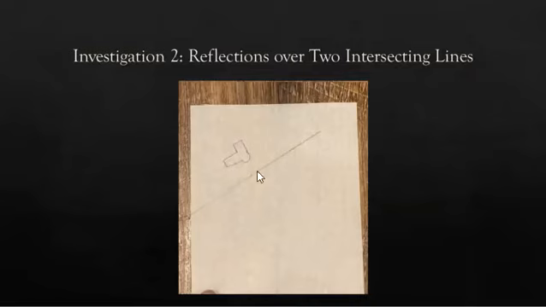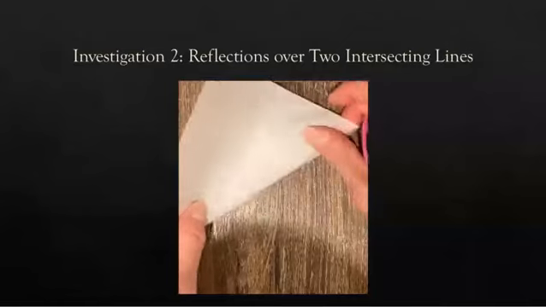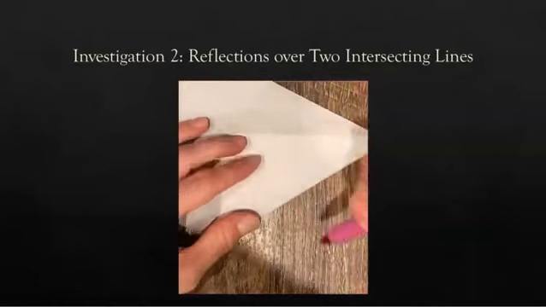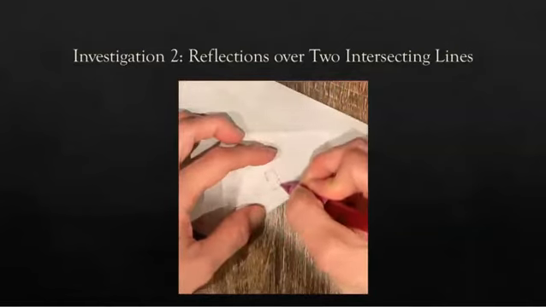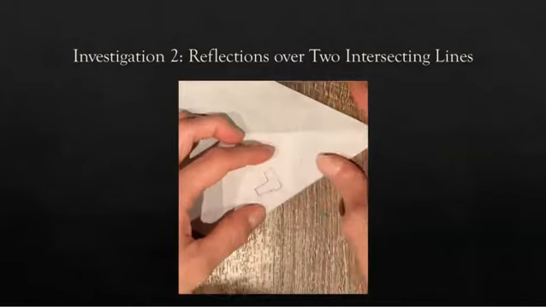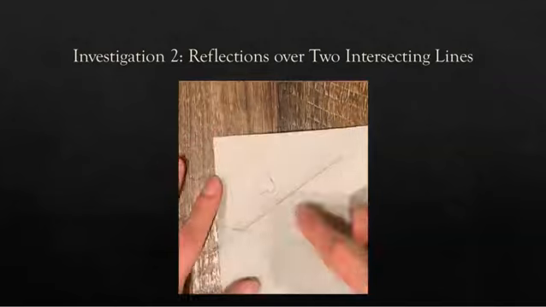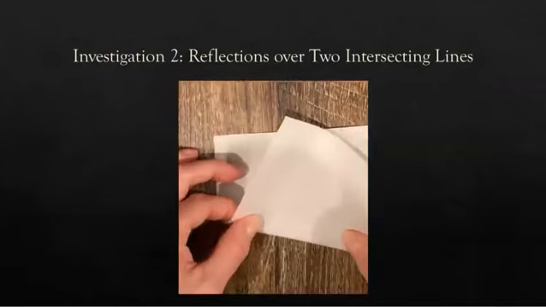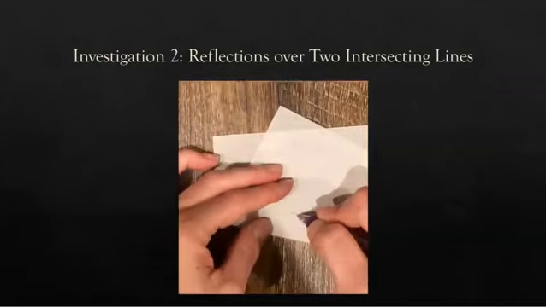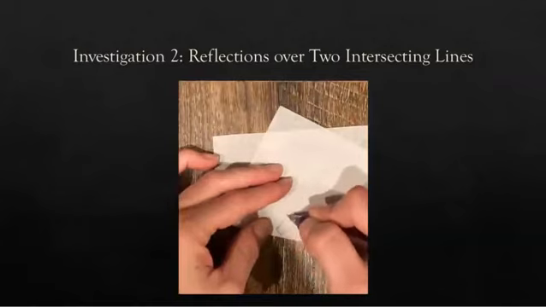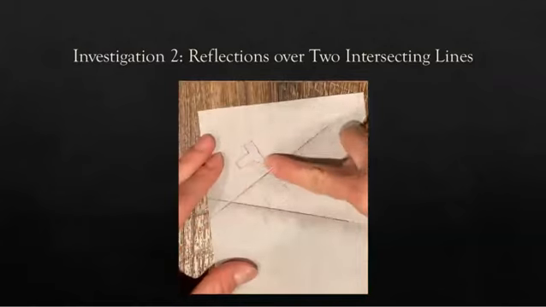So we're going to fold along this reflection line to get started. I'm going to trace the first image. Then we're going to draw a second line of reflection. Remember, that image is going to be in the acute angle. I'm going to trace the second image.